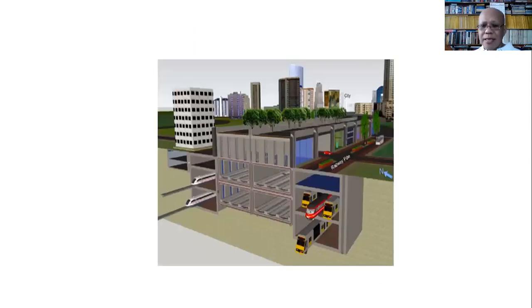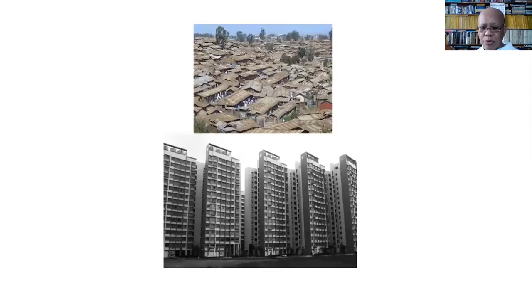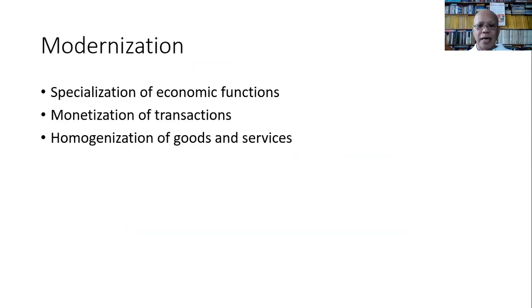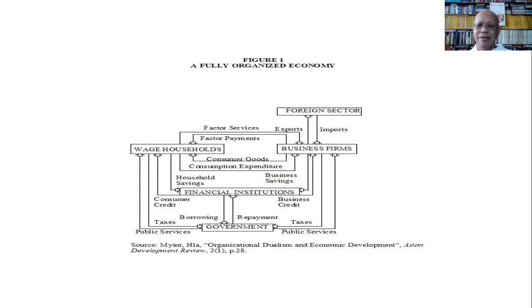Now, what is a developing economy? A developing economy has a sector that is fully modern, just like what we have here. You have a fully modern economic system in developing countries. And in fact, the fully modern economic system of all countries in the world are closely integrated with each other.